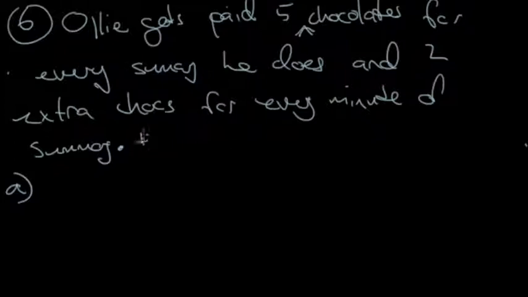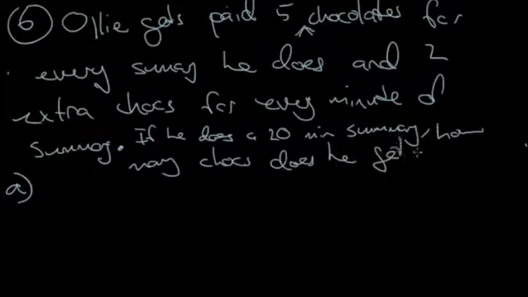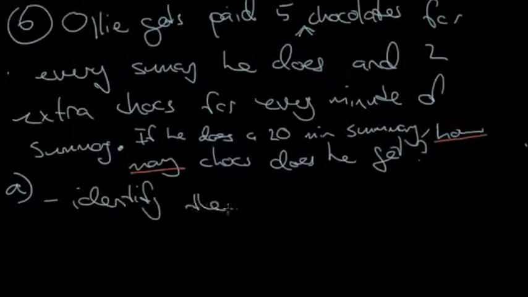So I could say if he does a 20-minute summary, how many chocks does he get? Okay, I've made it pretty obvious. That's our unknown. How many? So our unknown is chocks. First step, identify the unknown: chocks.